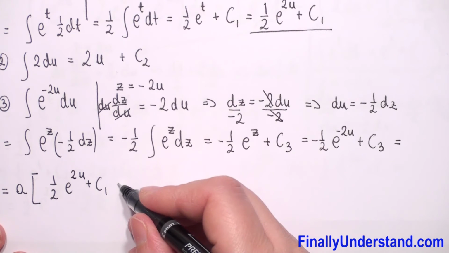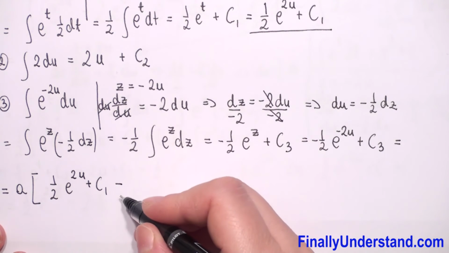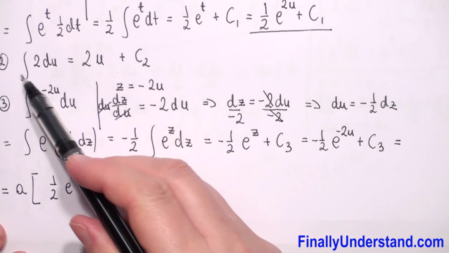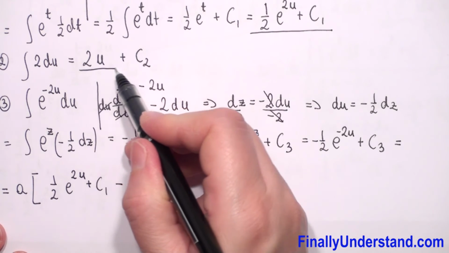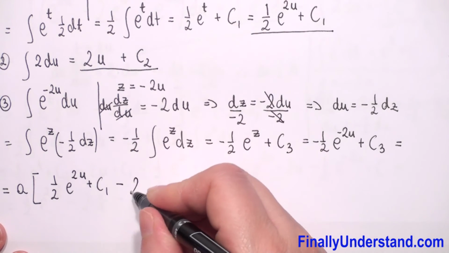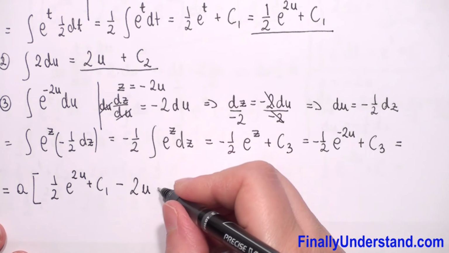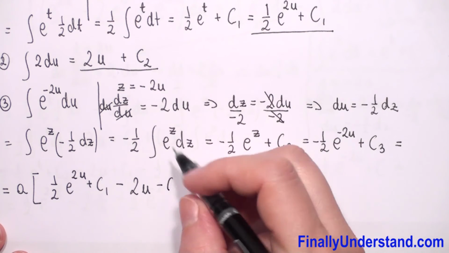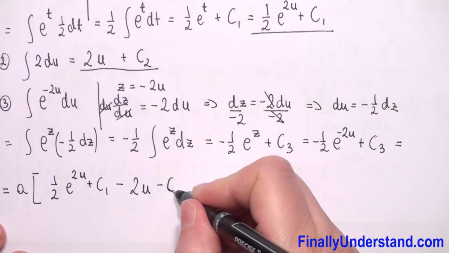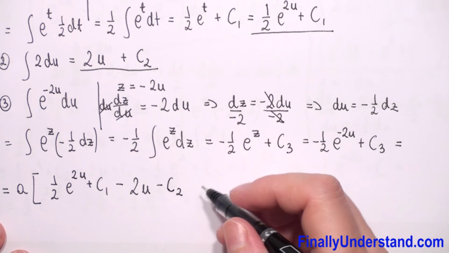Next we have to put a negative sign, and the second integral is equal to 2u plus c2, so it will be minus 2u minus c2.